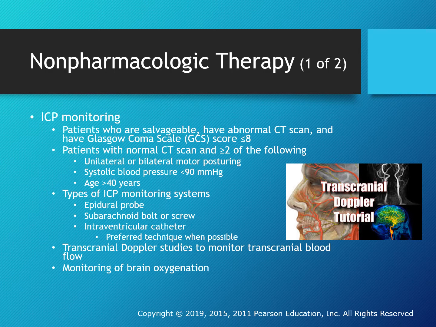ICP monitoring is also recommended for patients with a normal CT scan if 2 or more of the following factors are present: unilateral or bilateral motor posturing, and we talked about posturing in the concept; systolic blood pressure less than 90; age greater than 40. Basic monitoring systems include an epidural probe, a subarachnoid bolt or screw, and an intraventricular catheter.